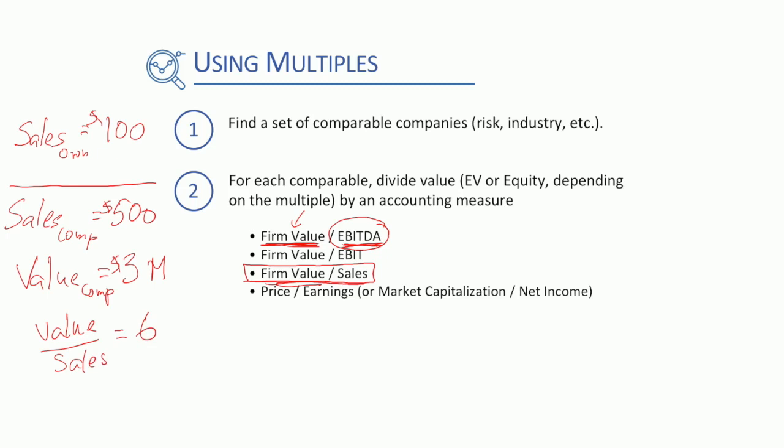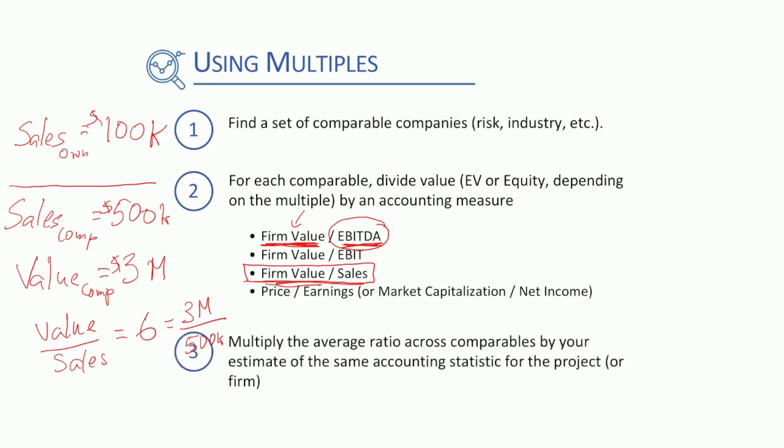Just to be clear that everybody's following, this is $3 million of value divided by the sales of $500,000 that the firm has. Remember that what I'm interested in is my own value, the value of my own firm that produces $100,000 in revenue. Now you can see where I'm going.